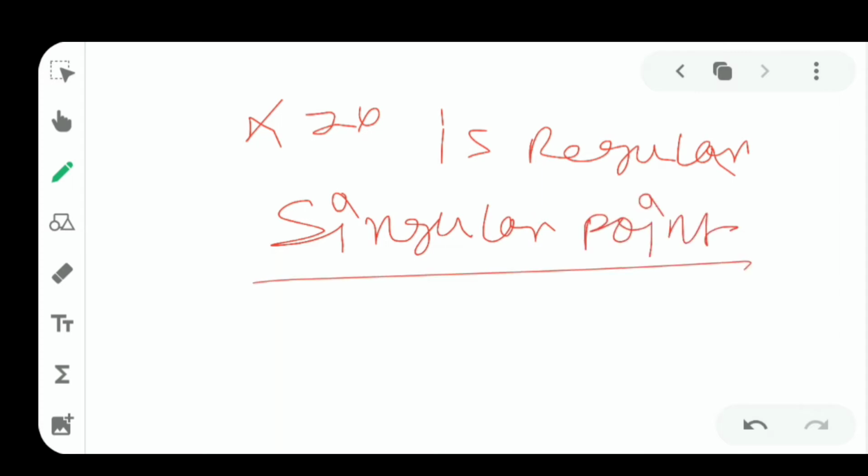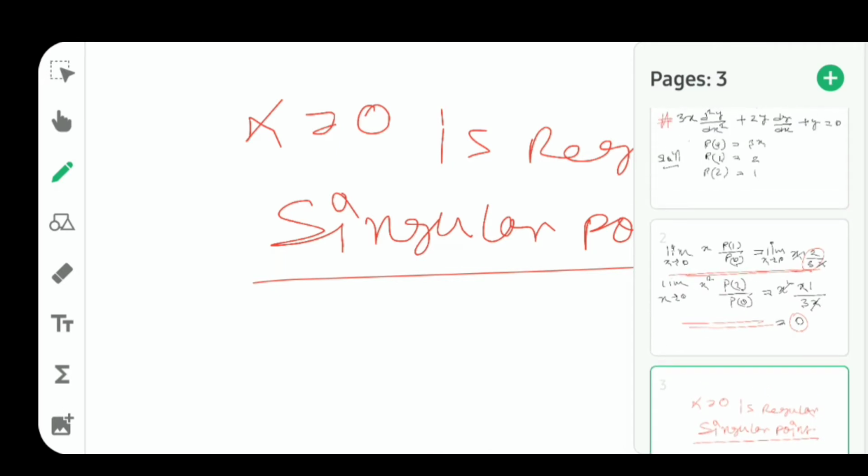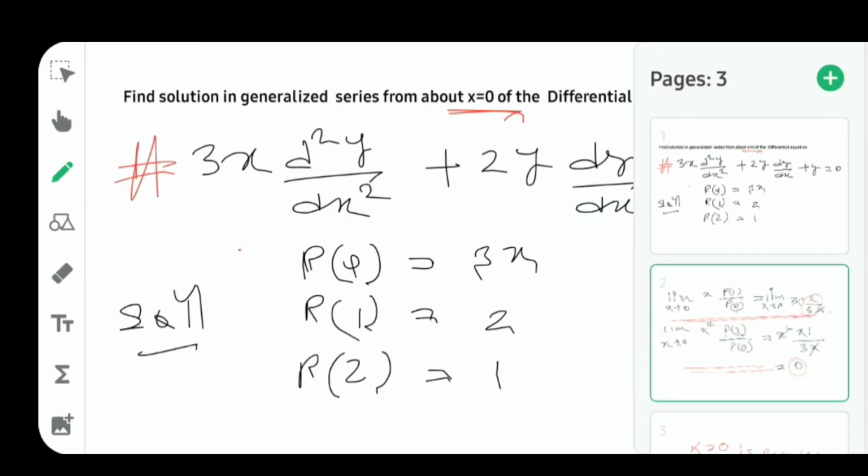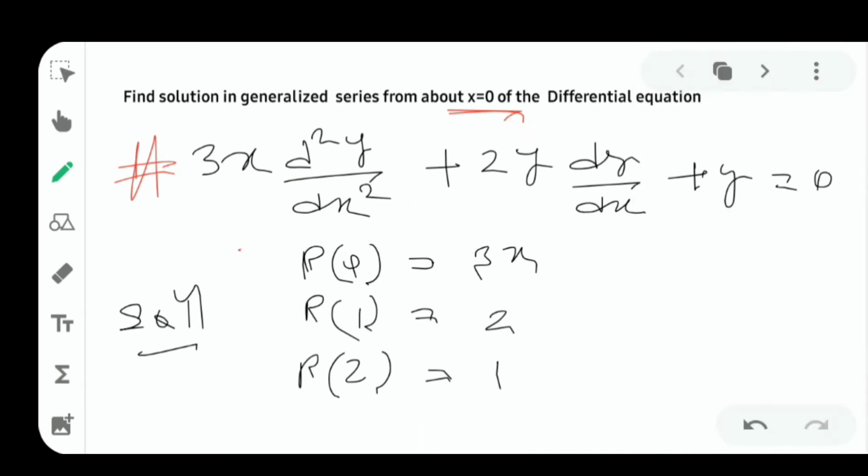If one is finite and another is not finite, then it will be an irregular singular point. And if both limits have finite values, then we can say it is a regular singular point, and the series solution or power series of this differential equation will exist.